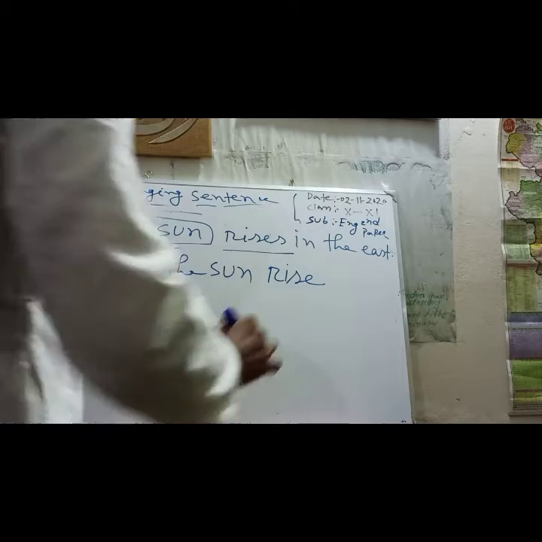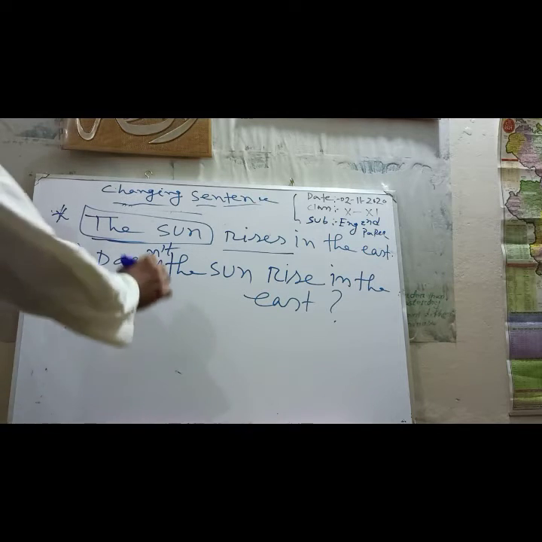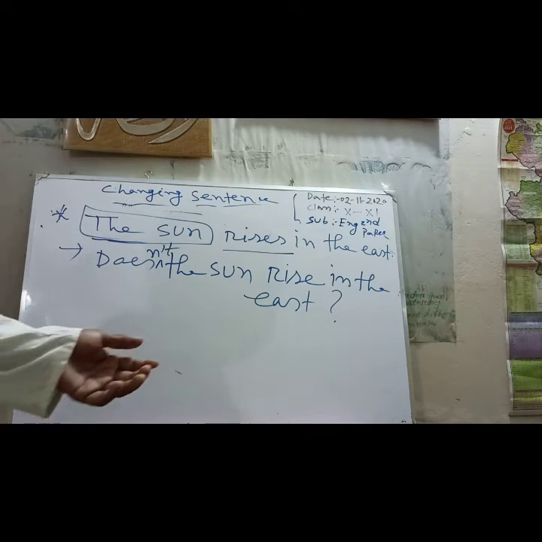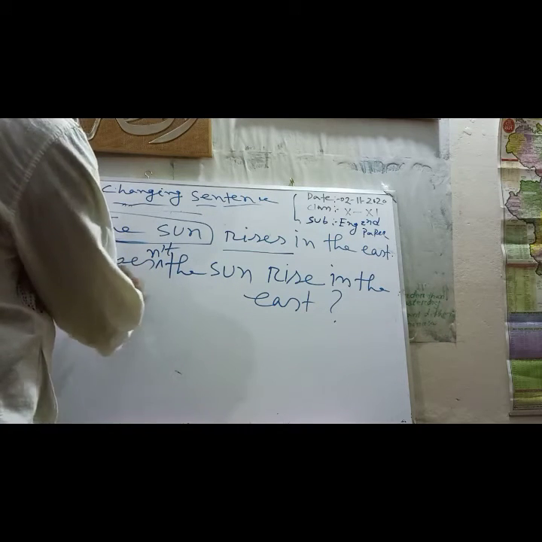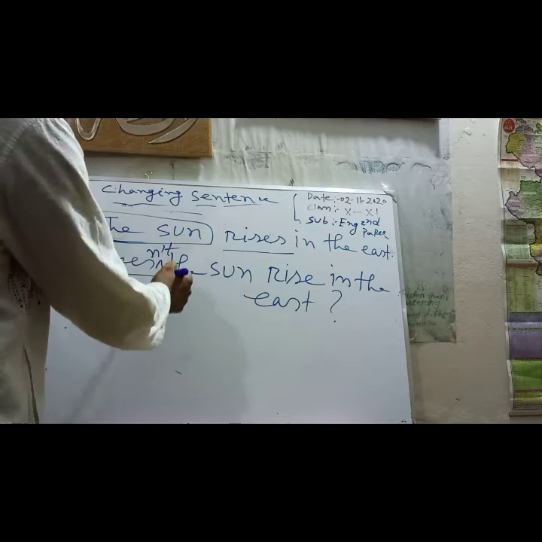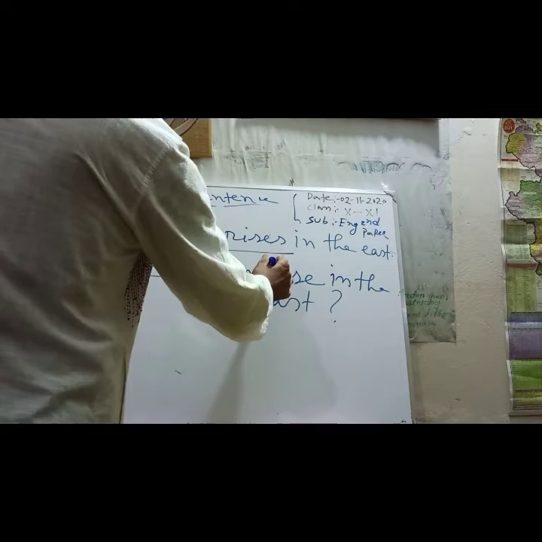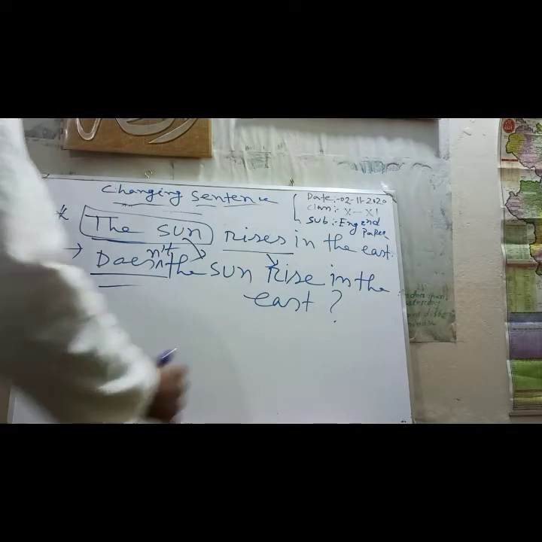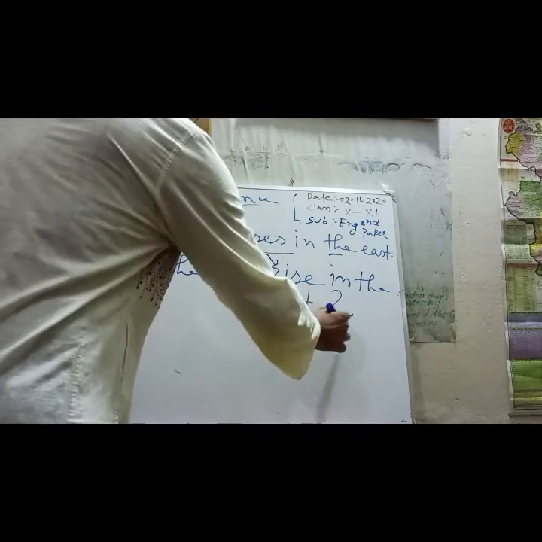Doesn't the sun rise in the east? So the sun rises in the east. This is a universal truth. So at first we take the auxiliary verb does, and then not, and then the subject, and then the main verb, and then the extension. And at last we use the note of interrogation.